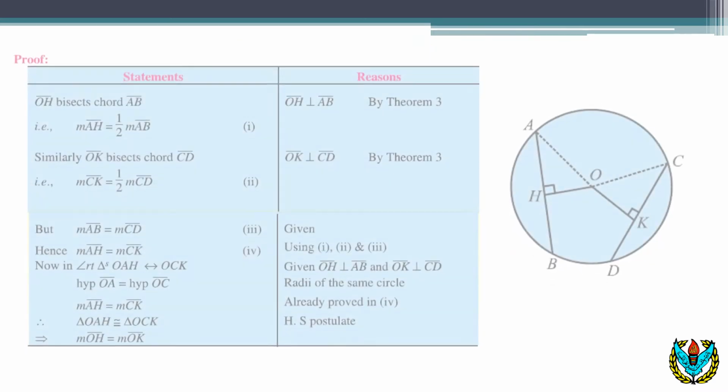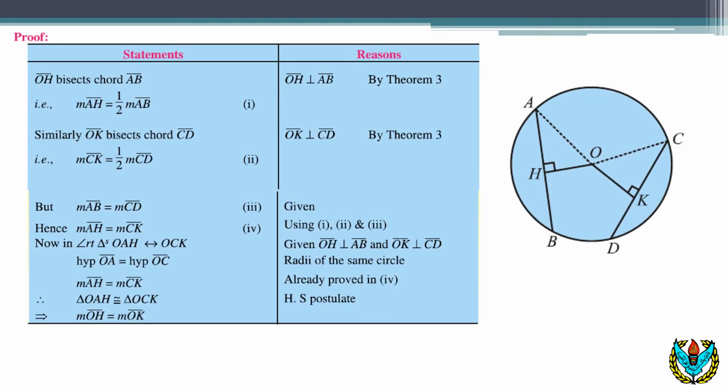In proof of this theorem, we have two parts accordingly, statements and reasons. As we have discussed that OH is the perpendicular drawn to the chord AB, so it means OH bisects the chord AB. OH is the perpendicular bisector of the chord AB, as we have read in theorem number 3, that perpendicular drawn from the center to a chord bisects the chord.